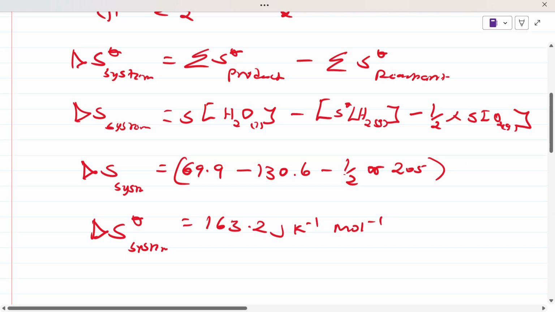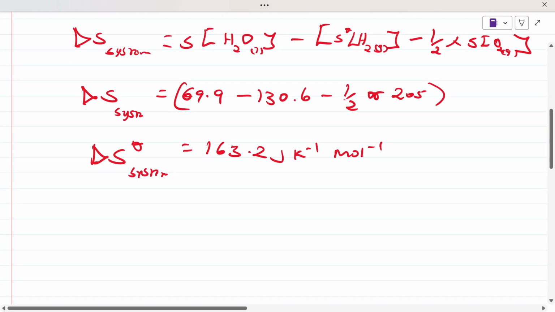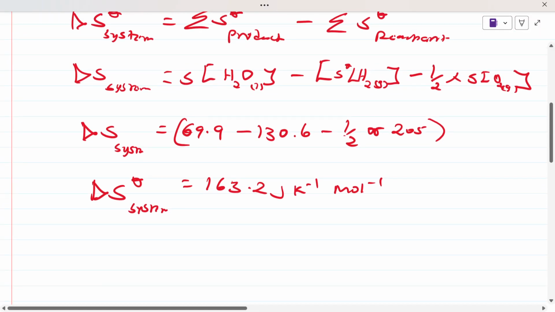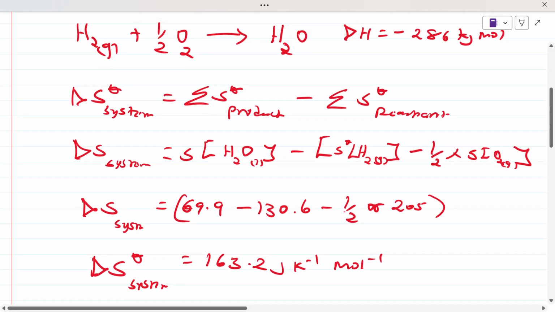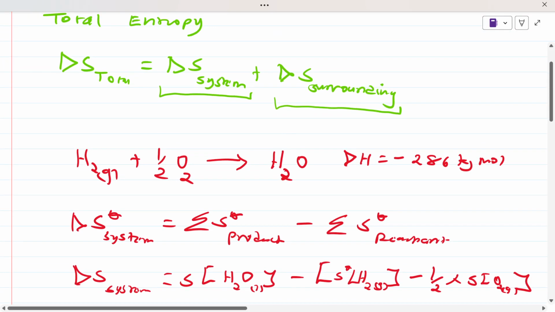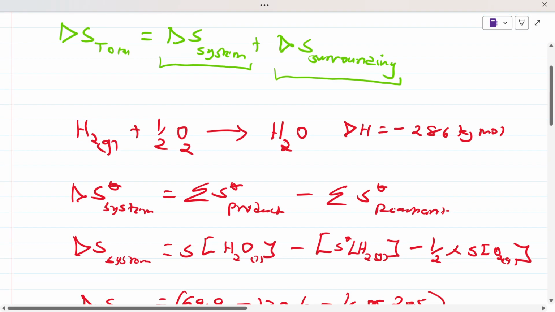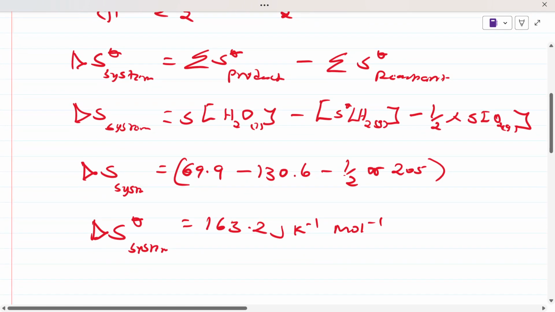If this is what we are having as our entropy of the system, now we can go ahead and calculate entropy of the surrounding, because we need that entropy of the surrounding, which we are going to add at the end of the day.